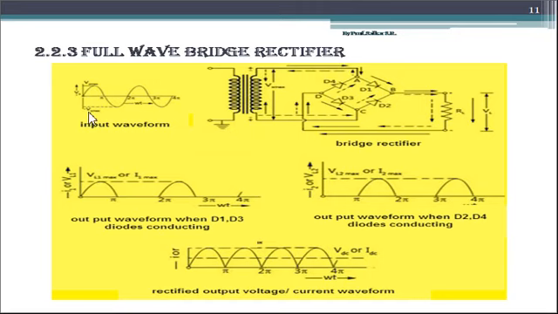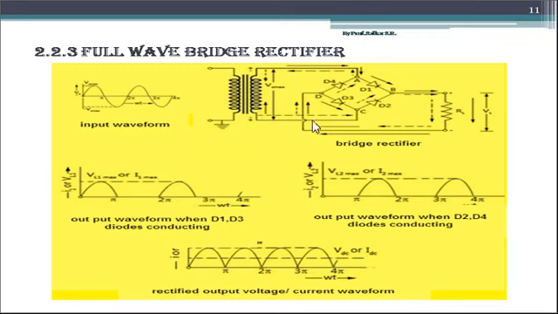This path is due to the positive half of the sine wave. The path is from the positive point to point A, from point A to point B through diode D1, from point B to RL, from RL to point D, from D to diode D3, D3 to point C, and from C back to the secondary of the transformer.